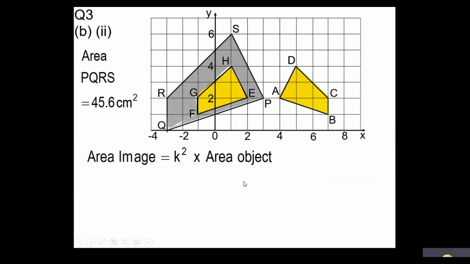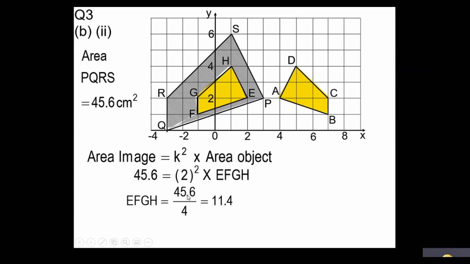To find the area of this one, the area of the image, the big one, is 45.6, so you take 45.6 divided by 4. PQRS, the big one, is 45.6. EFGH, the small one, is 11.4. So this one minus this, 34.2.